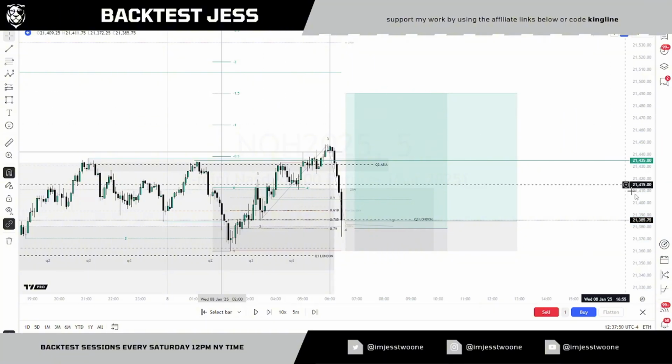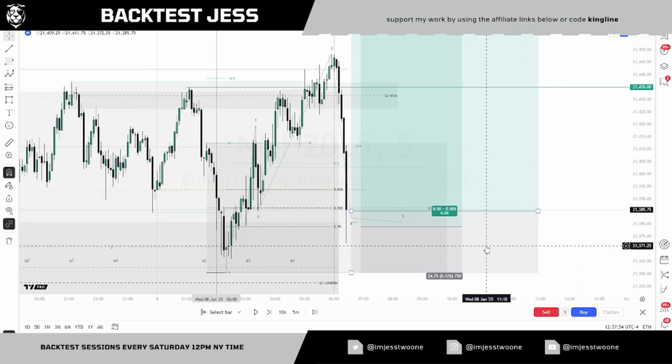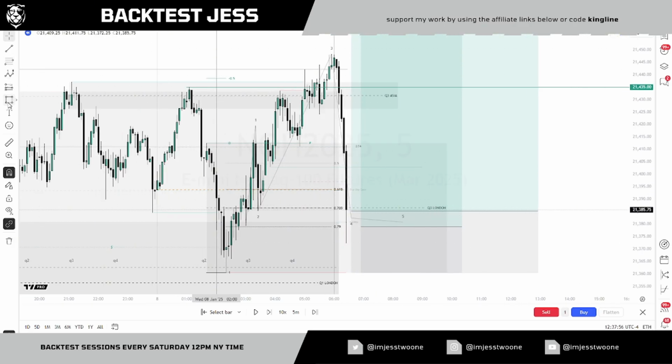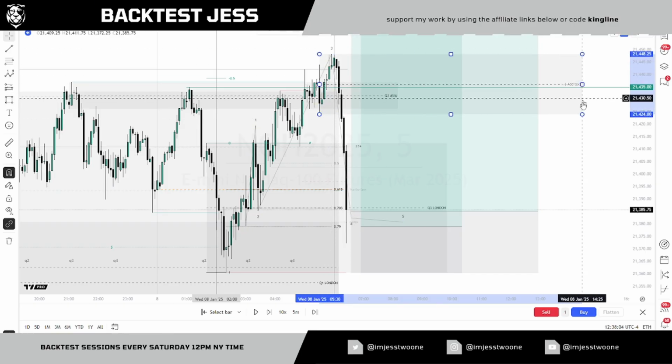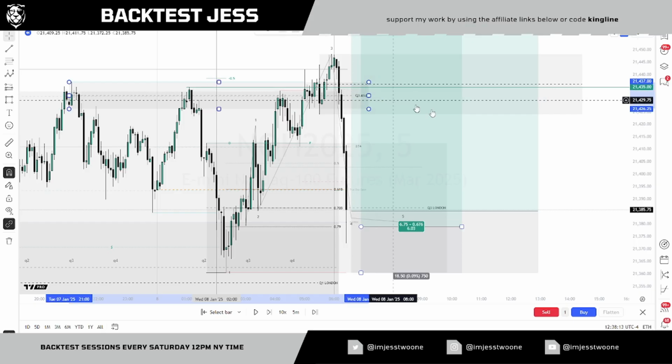So we already know this is more than likely not going to play out because we already saw where price action goes. So let's just draw this out really quick. We have this clear displacement lower from here. This is a manipulation zone in itself. This is Q3 Asia that we've traded above and then traded back under.